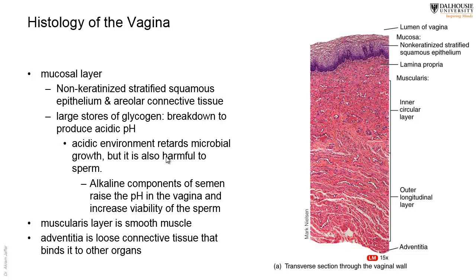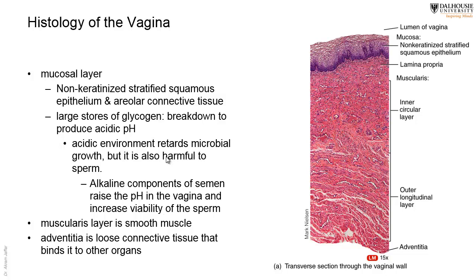Now the wall of the vagina here is formed of stratified squamous epithelium. It's protective, more or less similar to the epithelium that lines the mouth, but it is non-keratinized. So it is not skin, it's stratified squamous epithelium, non-keratinized.